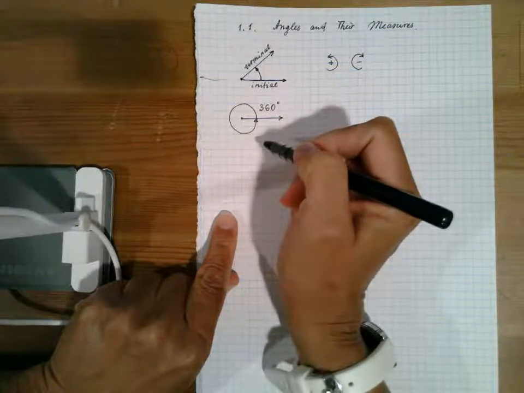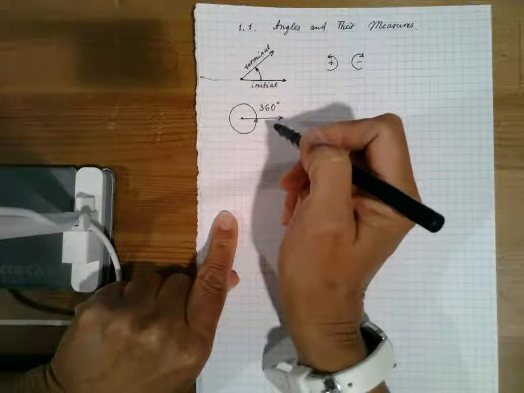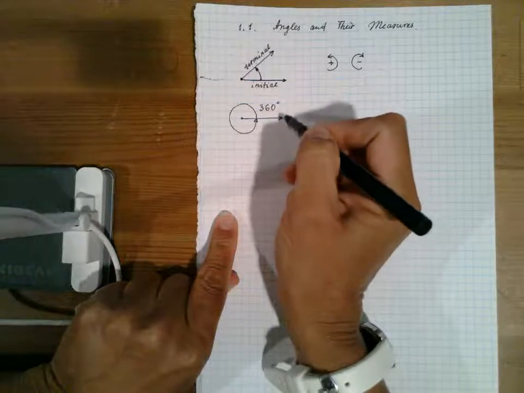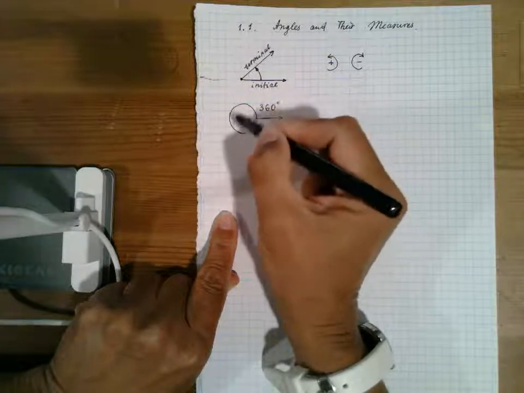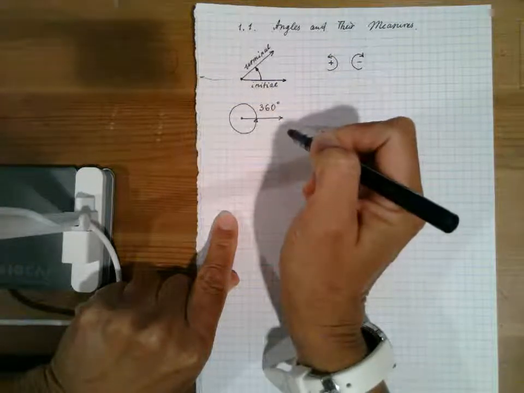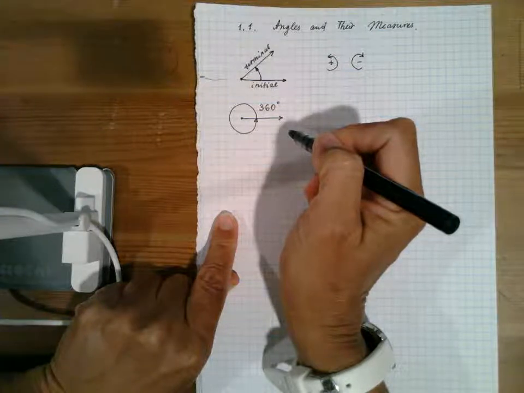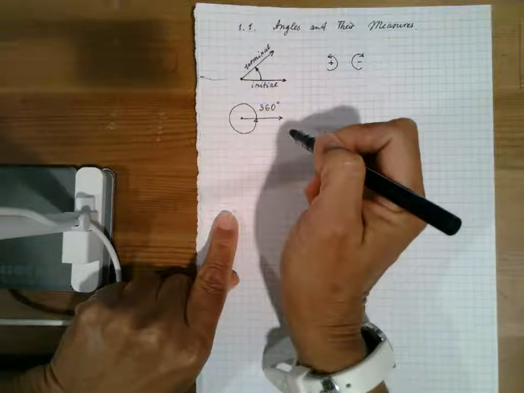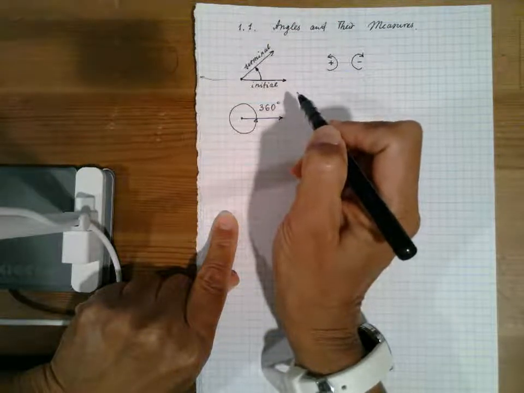Why is it 360, not 370 or 400, which would be more convenient, or just 100 like we used to have? Well, the angles were measured mostly initially in astronomy. And in astronomy, people were observing how the sun is moving along the sky, and they were able to see that it's moving a little part every day.